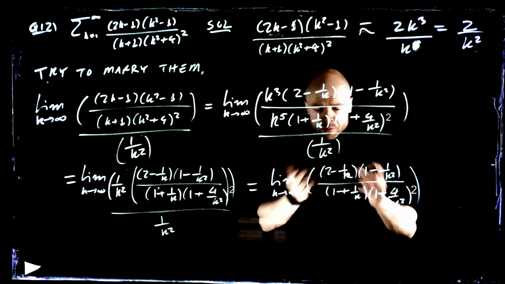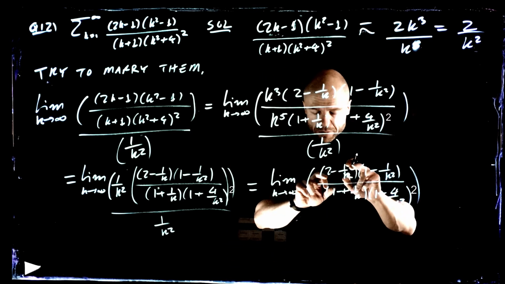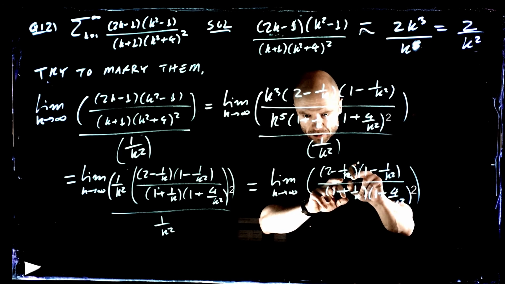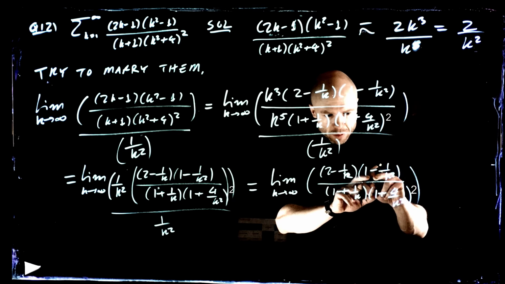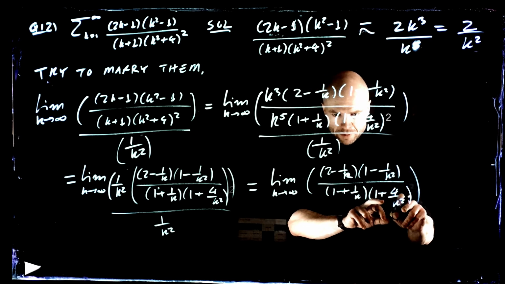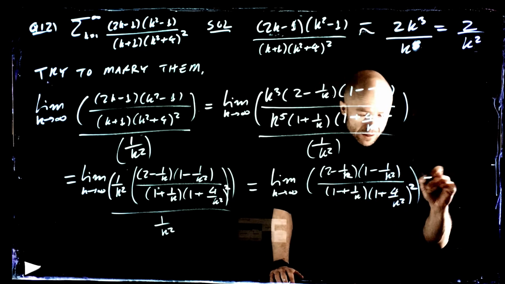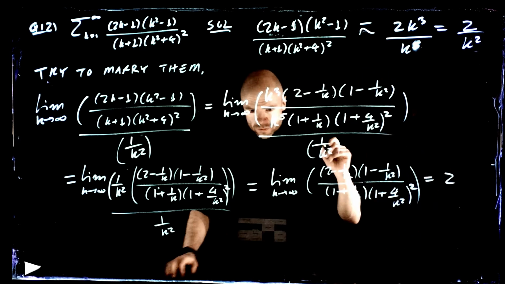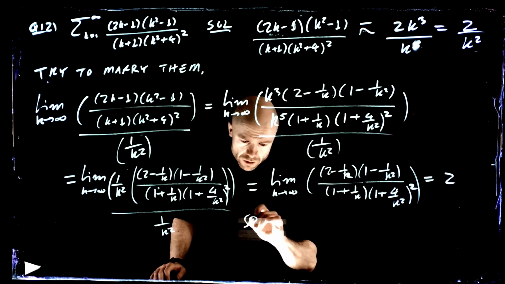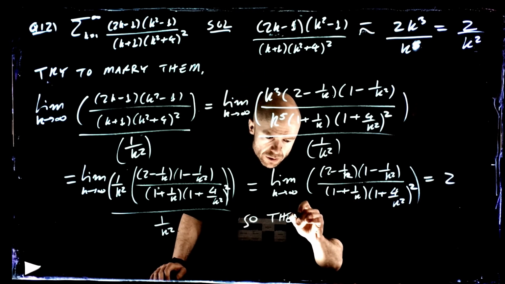And the limit of all of these individual terms I know. So the limit of this guy as k tends to infinity is just going to be 2, because this thing here goes to 0. Yeah? The limit of this thing will just be 1, because this goes down to 0. This will be 1, because this goes to 0, and this will be 1. So this thing has limit 2. So they are married.